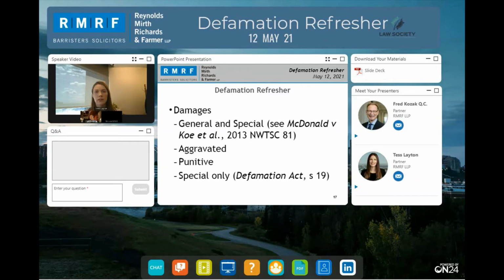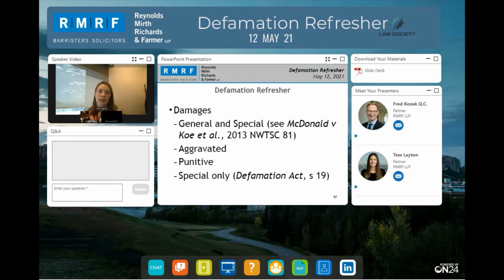But she considered the 6 factors set out in Hill and Church of Scientology, which is a decision by the Supreme Court. And in that case, as Fred alluded to, it talks about the number of different things that can be considered in assessing damages in a defamation action. And some are those that you might not expect. So those are, number 1, the plaintiff's conduct, position, and standing. Number 2, the nature of the defamation.